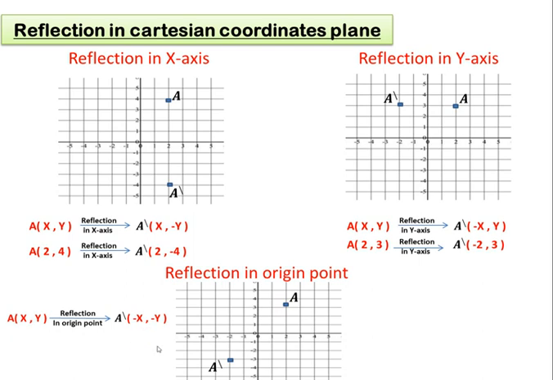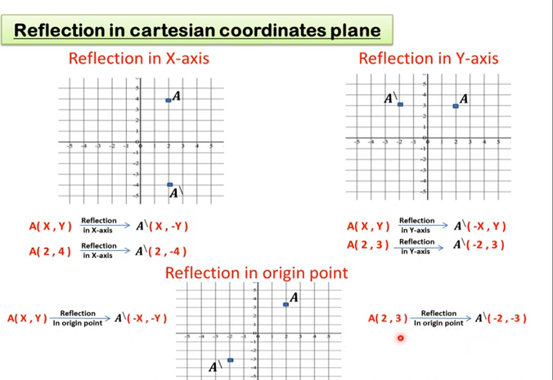For example, we have the point (2, 3) and the reflection in origin point, A dash will be the change at what? At x and y. Positive will be negative and positive will be negative.